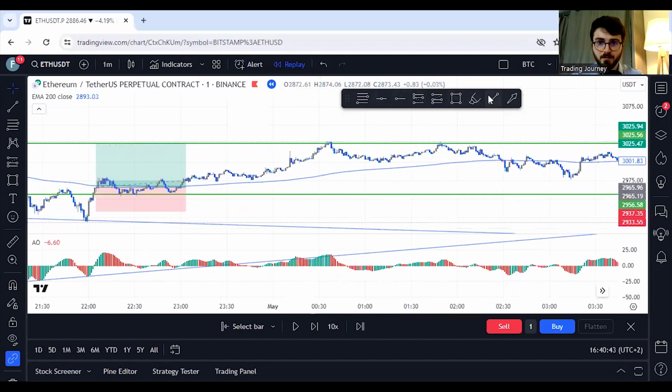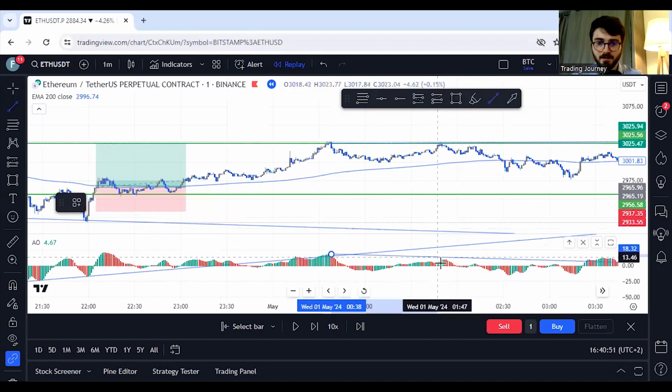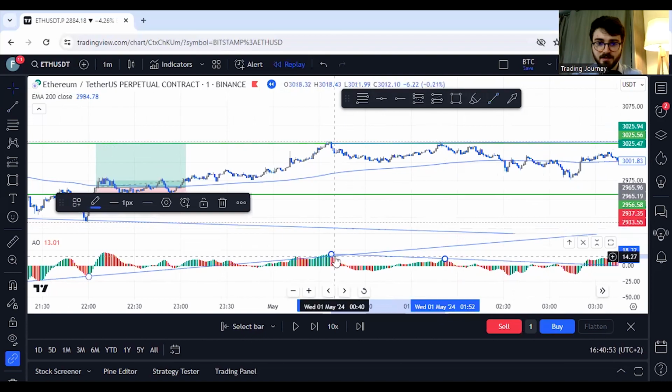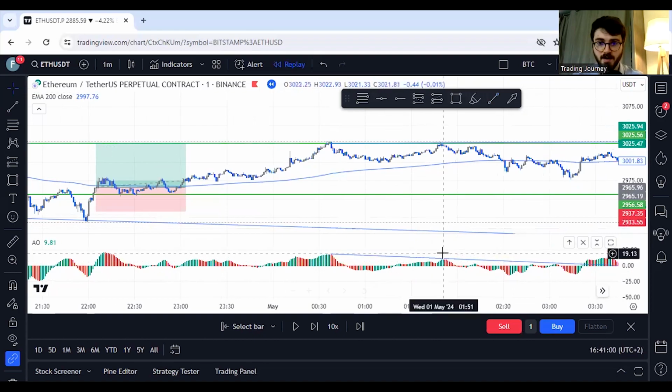Here we have an example actually of a bearish divergence. Here this is like equal highs, but we can see clearly that the oscillator is getting lower low here, lower high here.